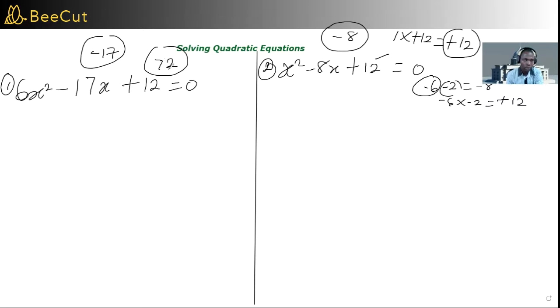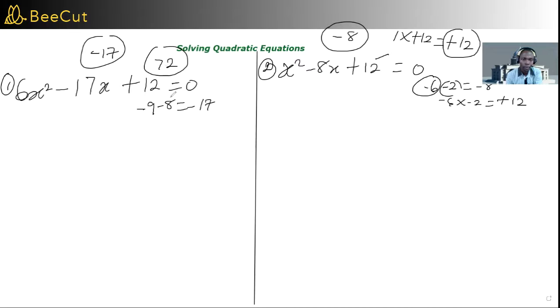Let's look at this. What are the factors of 72 that we're going to add also? And I think 8 times 7 is 56. Okay, 9 times 8 is 72. So if 9 times 8 or 8 times 9 is 72, you can use 9 and 8. Negative also. So that will be minus 9 minus 8 will be minus 17.